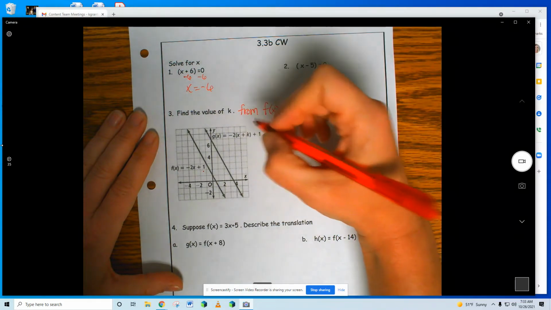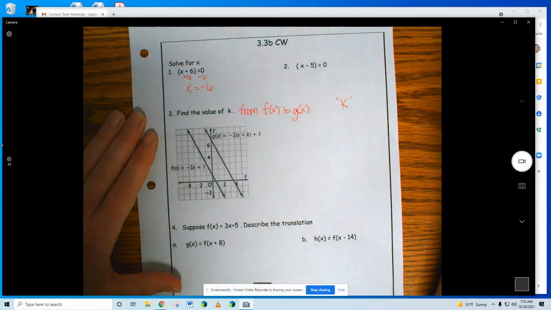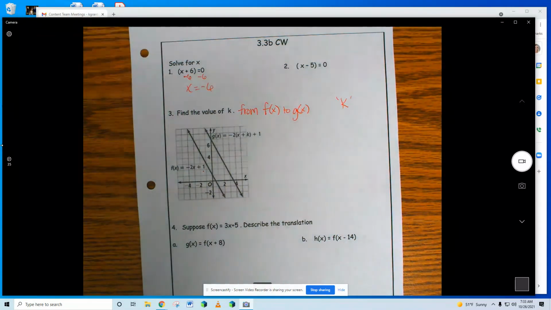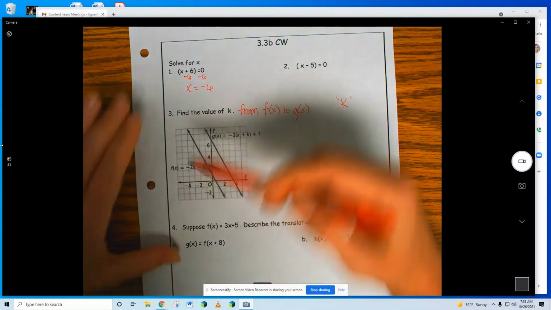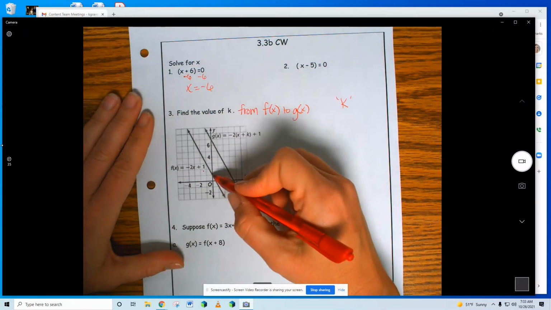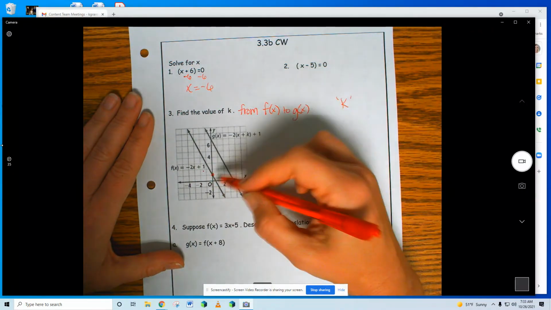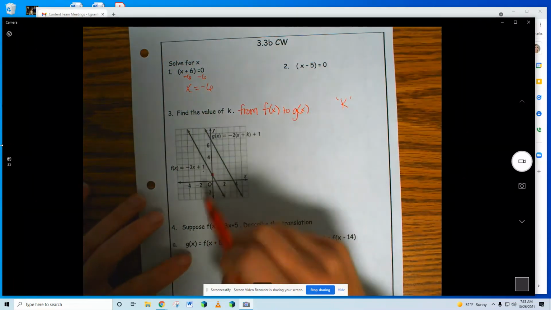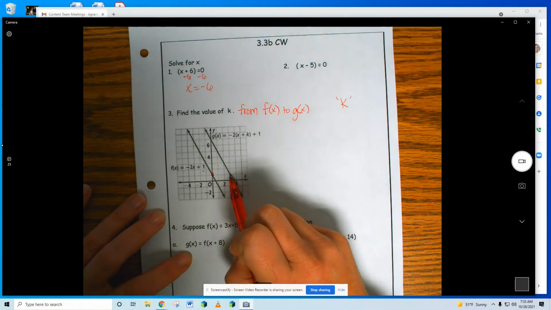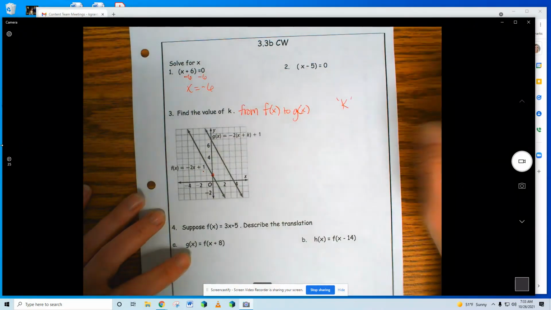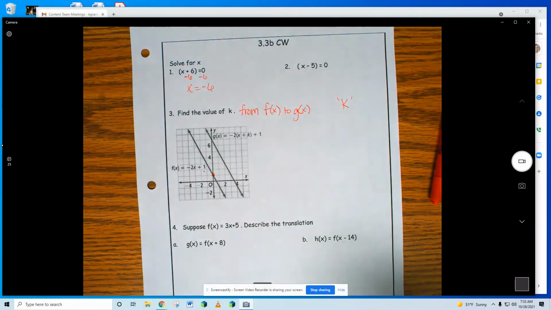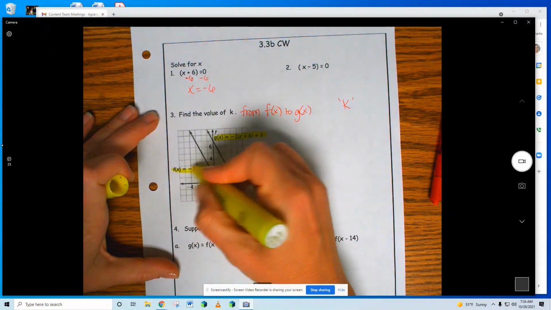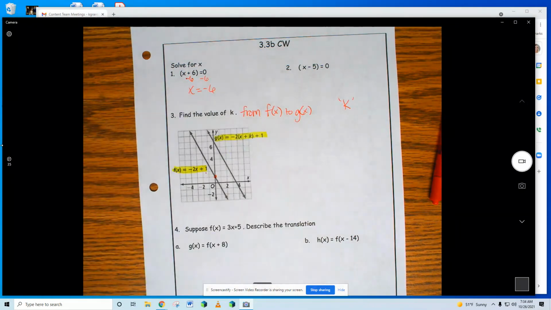I really wish it were an h. But so here's f of x. Go to the y-intercept. And you're going to then look over and say, how many did it move to get to G? How many spaces did this line move over to the left or right to get to G? And in case you can't see it, you just need to realize that they're written all faded in here.